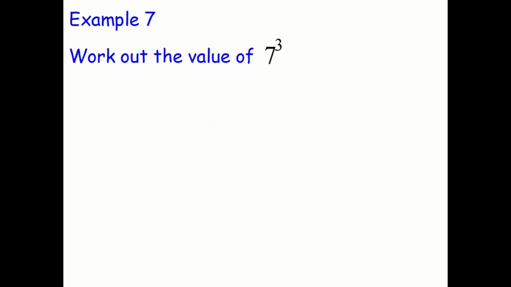Example 7. Work out the value of 7 cubed. So 7 cubed, remember, means 7 times 7 times 7. I know that 7 times 7 is 49, and then I've got to multiply it by 7 again. So let's use the column method, 49 multiplied by 7.